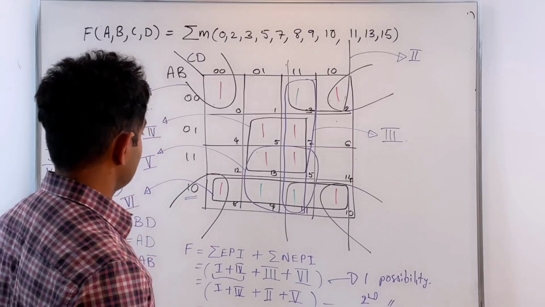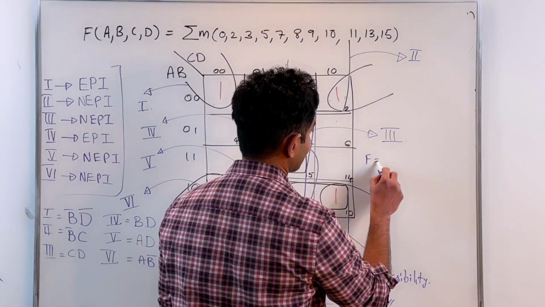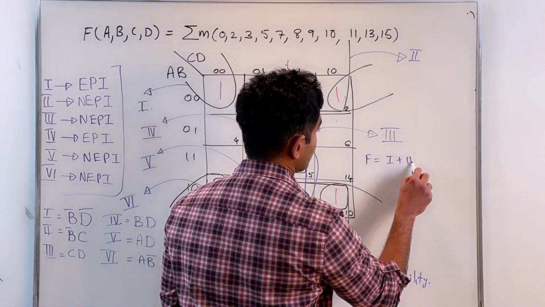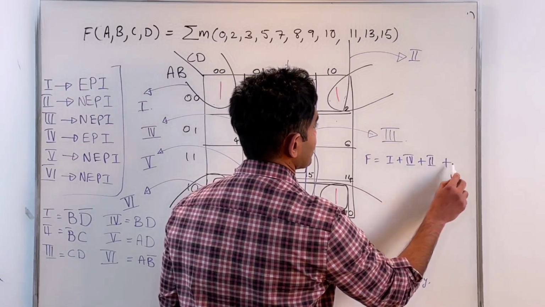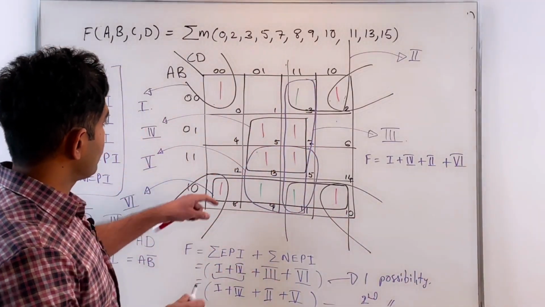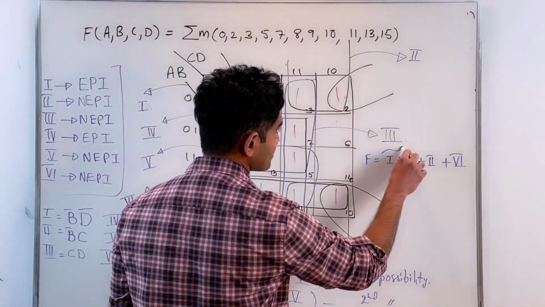2 and 6. Okay, so that's going to be the third possibility, where I have 1 plus 4 plus 2 and 6. Let's see if that works out. So 1 plus 4, of course, I accounted for the red ones anyway through my essential primes.